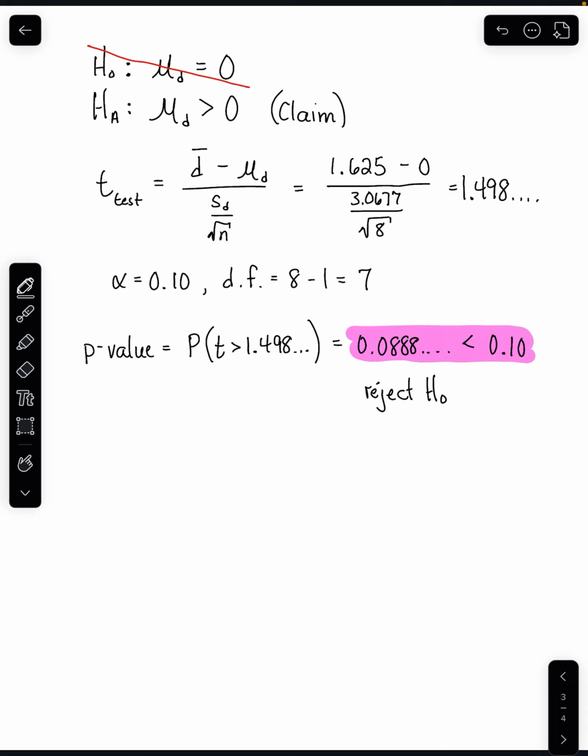We are believing the claim that the clubs have shown a difference in scores, that the scores have improved. So there is enough evidence to support the claim that the new clubs lower the scores.